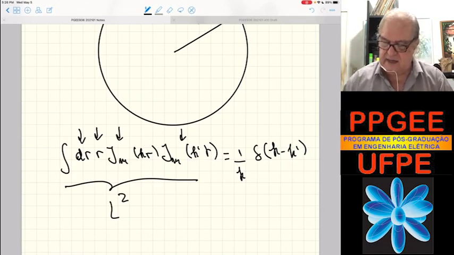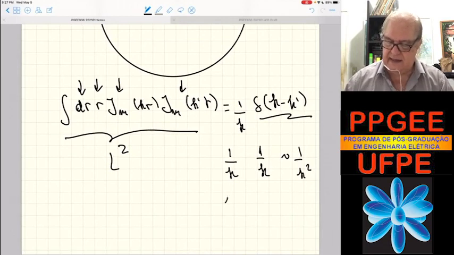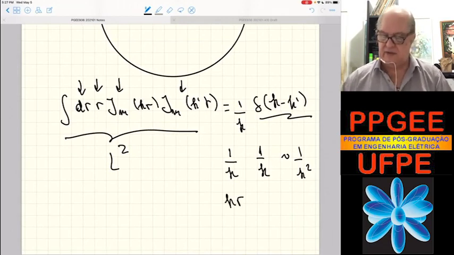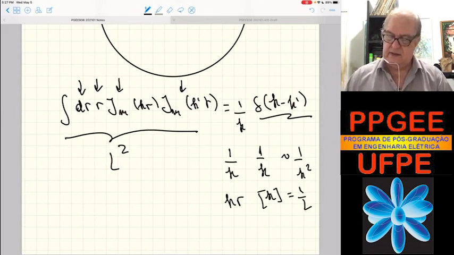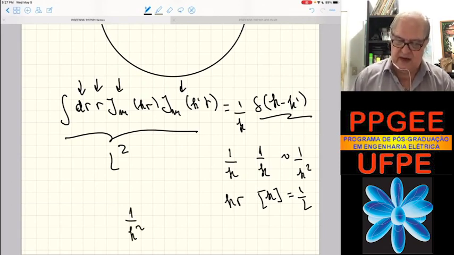The dimension here is 1 over k, and the dimension of delta is 1 over k, so it's 1 over k squared, but kr is dimensionless, so k has a dimension of length to the minus 1. So 1 over k squared has a dimension of L squared.